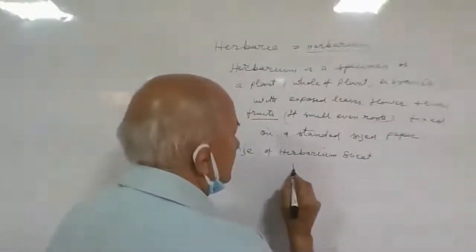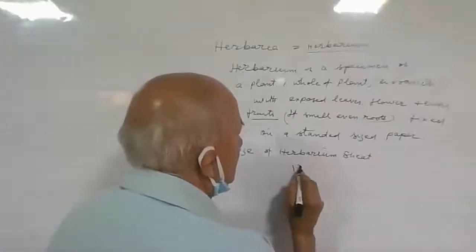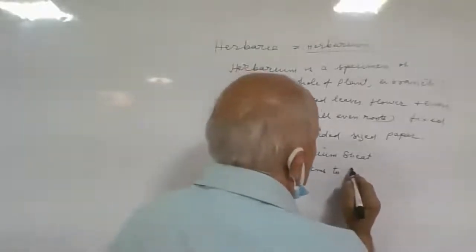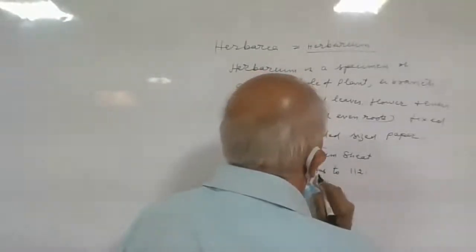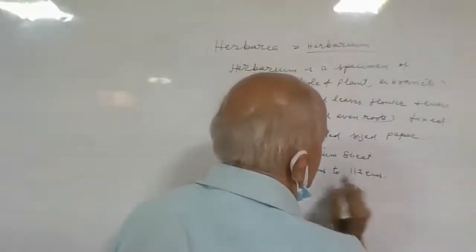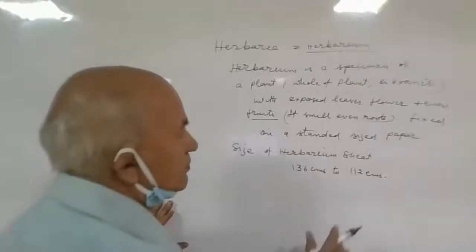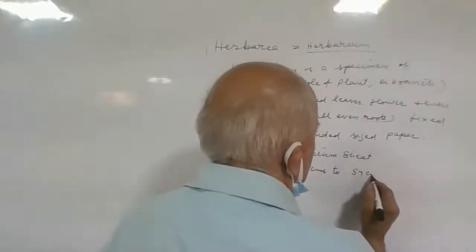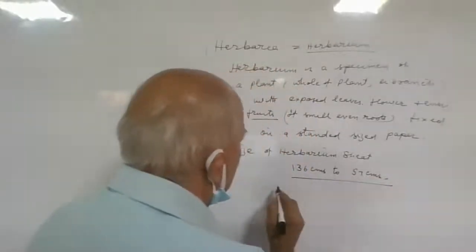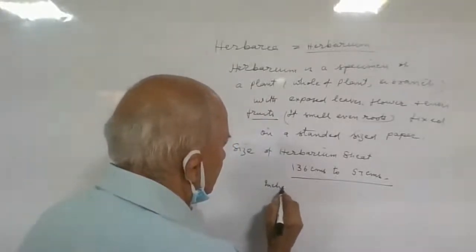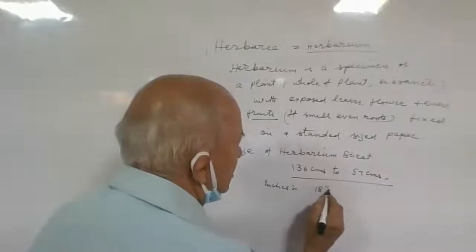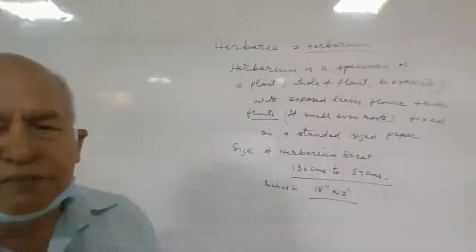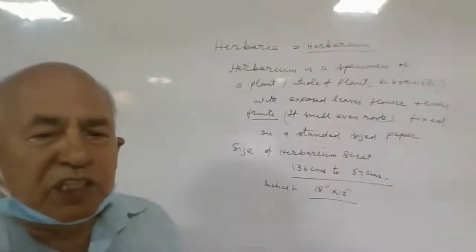That is about 41 centimeters by 29 centimeters. पहले आता था इंचेस में, 18 इंच इंटू 12 इंच. ये हर्बेरियम शीट का साइज है. ये एक दो बार पूछा गया है.